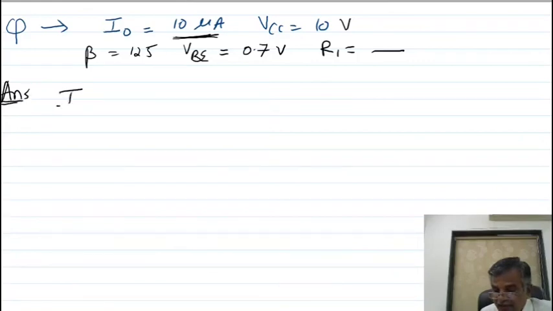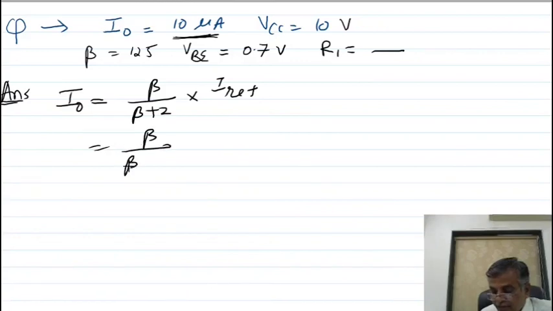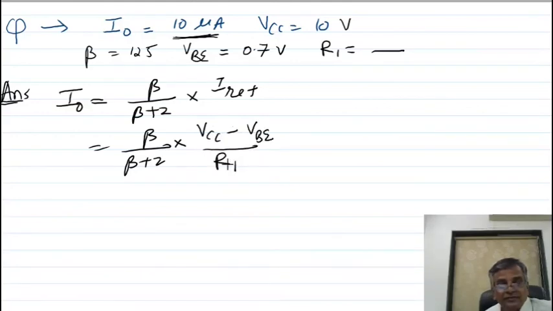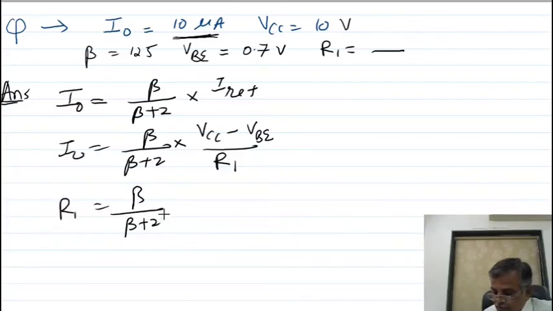We know that IO is equal to beta upon beta plus 2 into I reference, where I reference is VCC minus VBE upon R1. So R1 is beta upon beta plus 2 multiplied by VCC minus VBE upon IO.